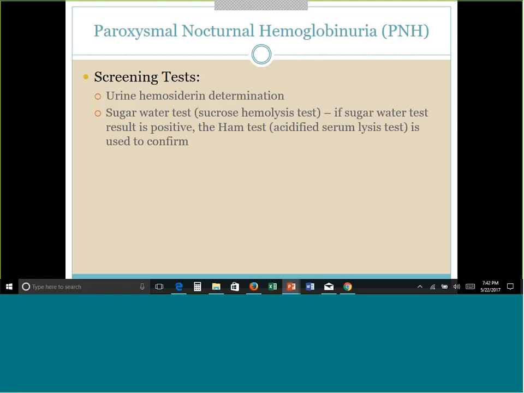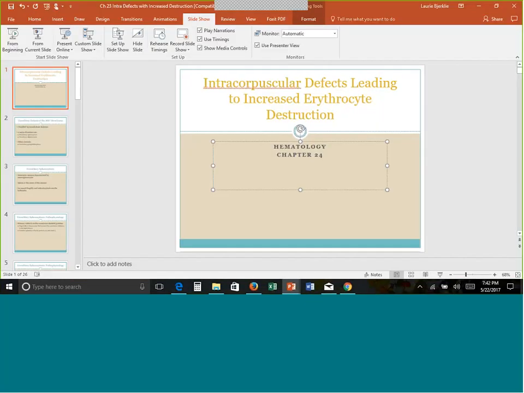But I do want you to know those tests because your board exam was still asking questions on it. So as a result, I want to make sure we're always prepared as best as we can be. So sugar water sucrose hemolysis is the screening. If that's positive, the Ham test, otherwise known as a serum lysis test, will be used to confirm it. So those are the two key tests to help diagnose PNH.